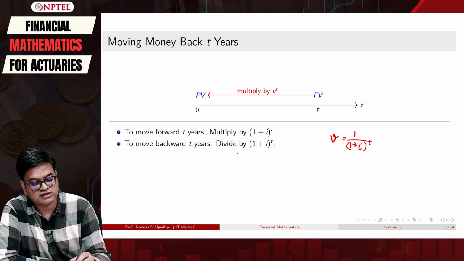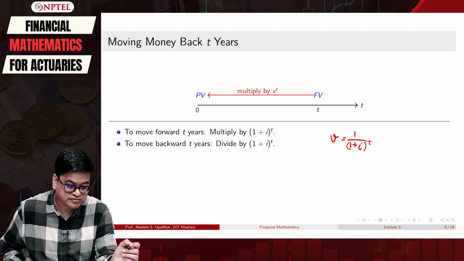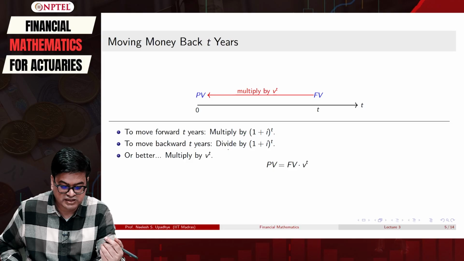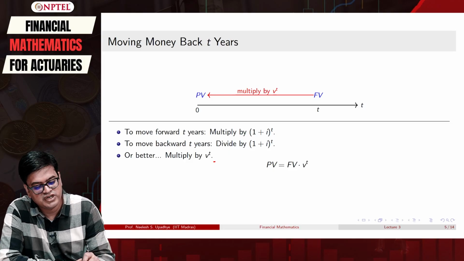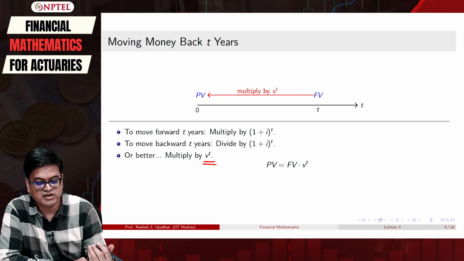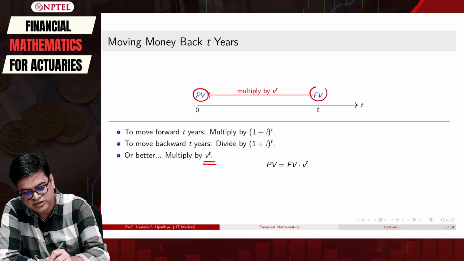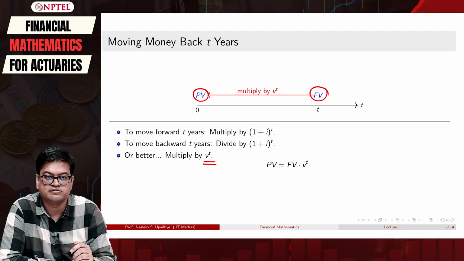So that translates to divide by 1 plus I raised to t. Okay. So in a sense what we are saying is we are essentially multiplying by V raised to t. So we have a clear cut connection between the present value and future value, that is present value is future value into V raised to t. So this is what we are discounting with.